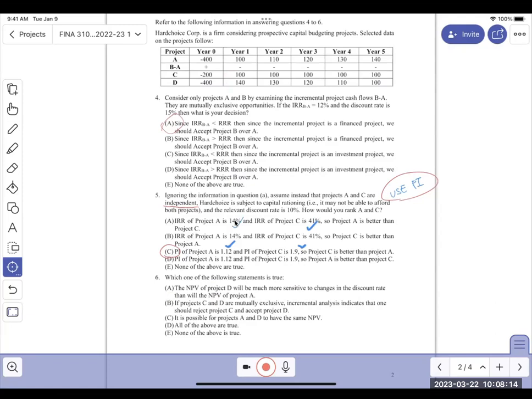So let's skip A. B, if projects C and D are mutually exclusive, incremental analysis indicates that one would reject C and accept D. So let's see C and D. So we need to make a calculation for C and D. How should we make the calculation? How should we perform the incremental project analysis?